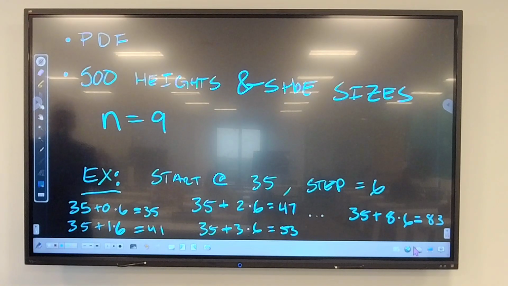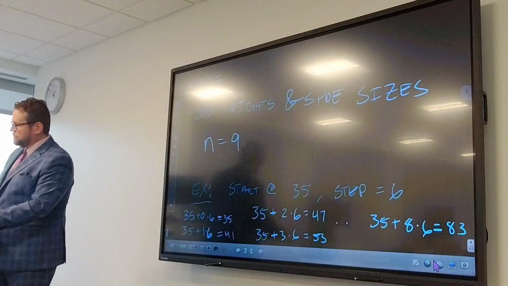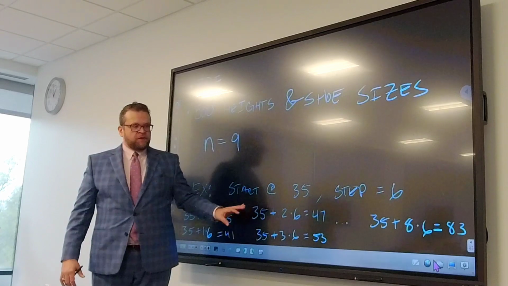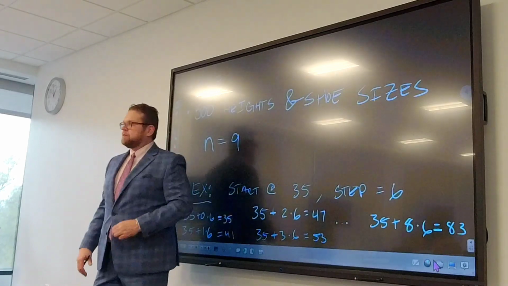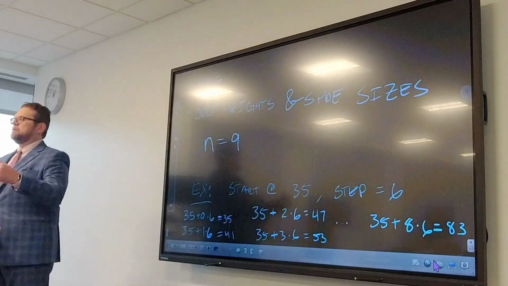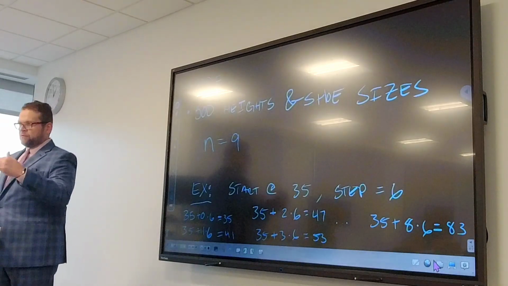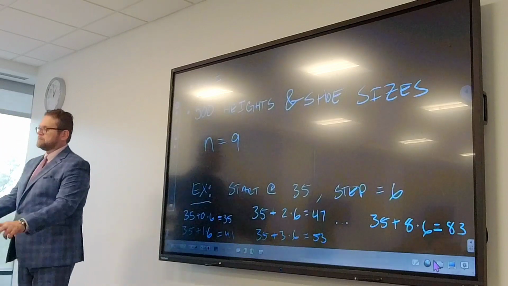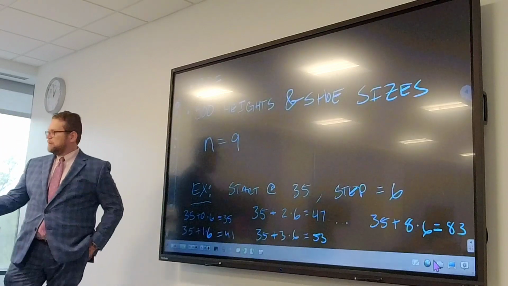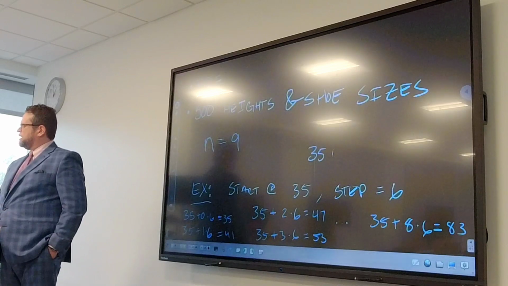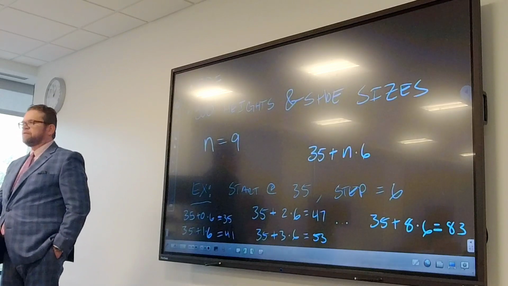And then you would describe that sample that you took, you would describe this methodology in question 1. It was a systematic sample from the list of 500, and this was my system for picking the numbers. You would state your system as follows. So for me, it was 35 plus n times 6.